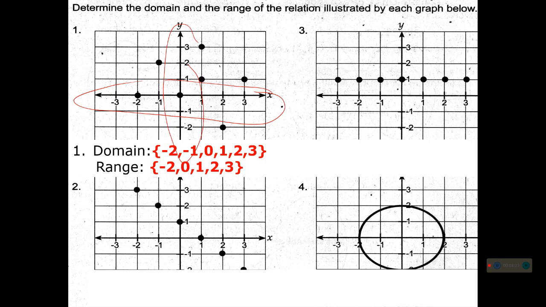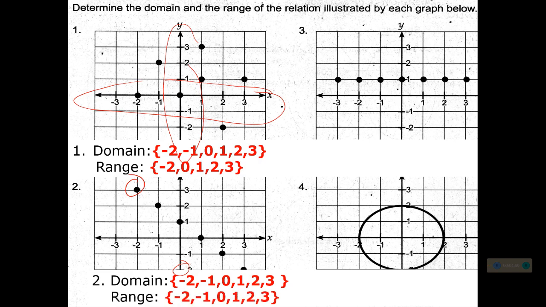Since we have a list here, let's just start with this. Our domain will be -2, -1, 0, 1, 2, 3. For our range, let's start from the bottom as it represents the least value of y.